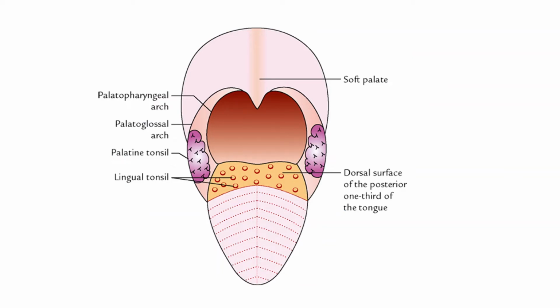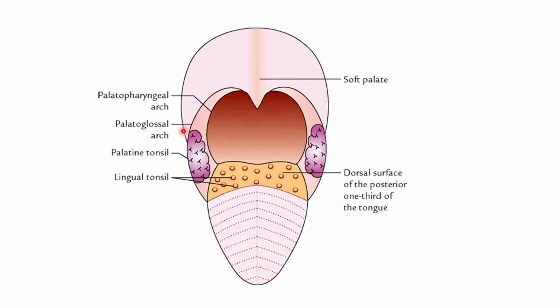This is the diagrammatic view showing the oropharynx from its anterior end. This is the tonsillar fossa, which is making up the lateral boundary of the oropharynx, with the soft palate above, lodging the palatine tonsils.